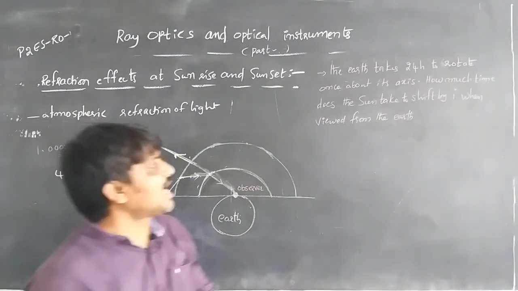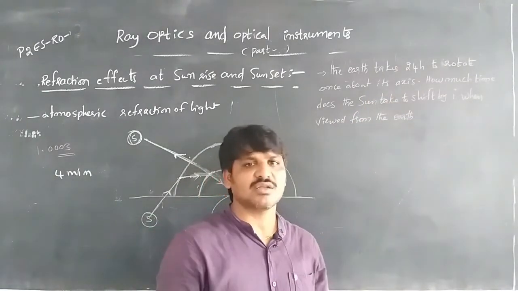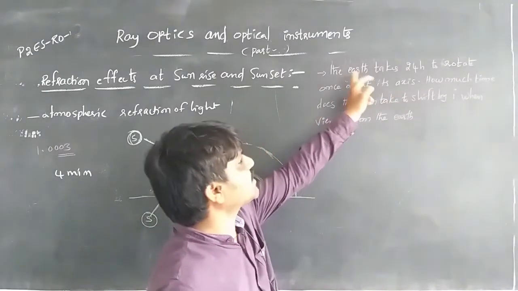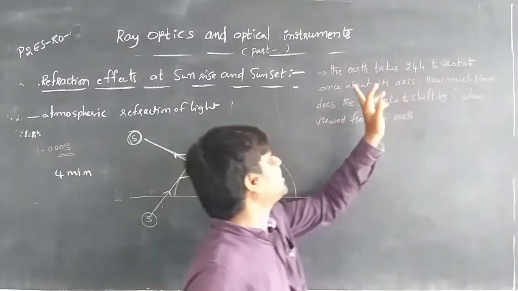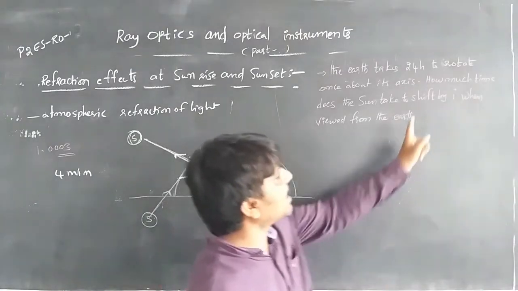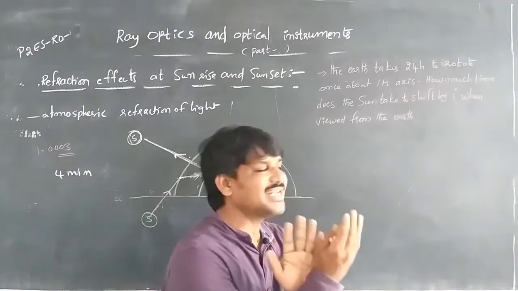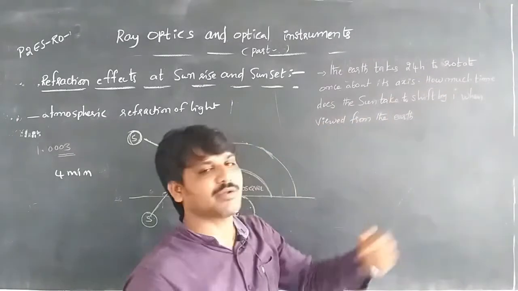The earth takes 24 hours to rotate once about its axis, and how much time does the sun take to shift 1 degree when viewed from earth?